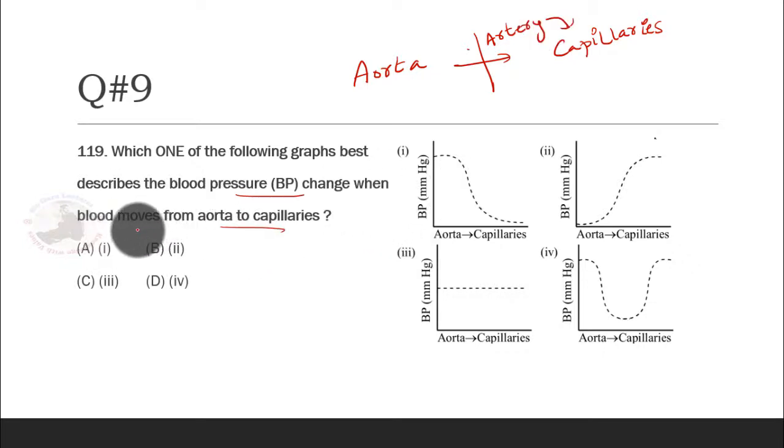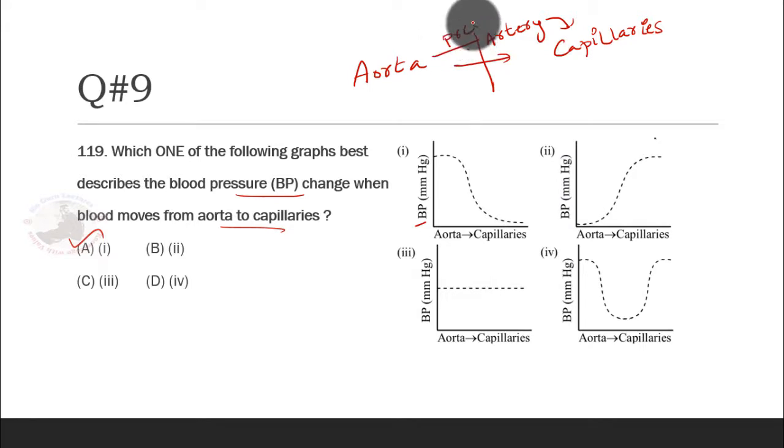If you think, we always end up with this answer, but the exact answer is 1. The main reason is we forget to think about the artery. From the aorta to the artery, there will be higher pressure.